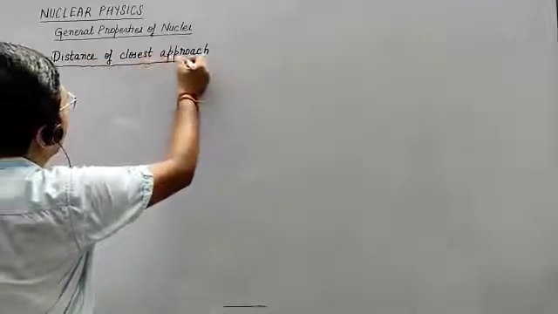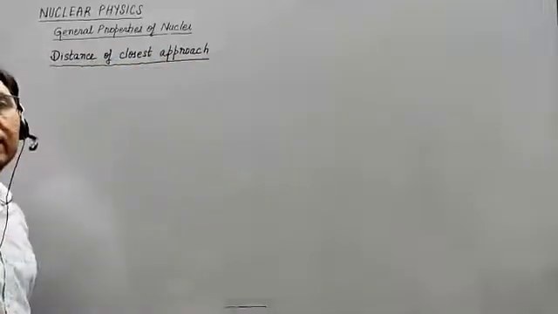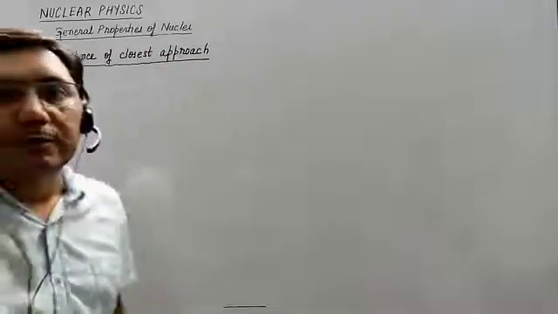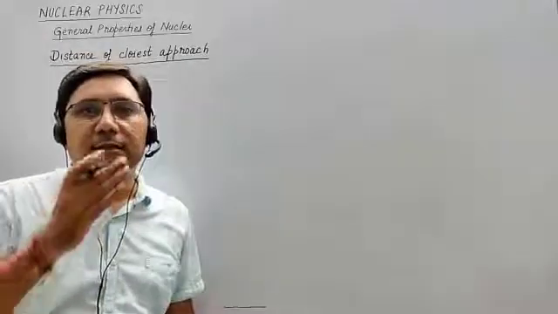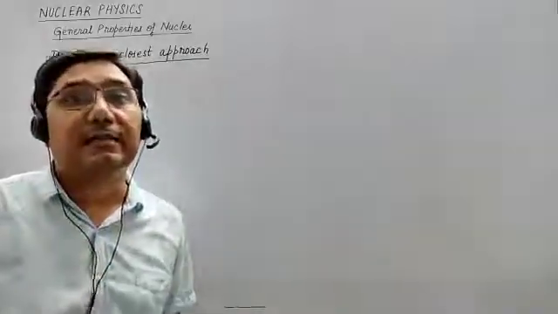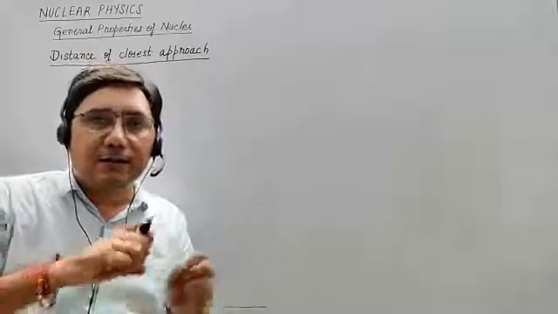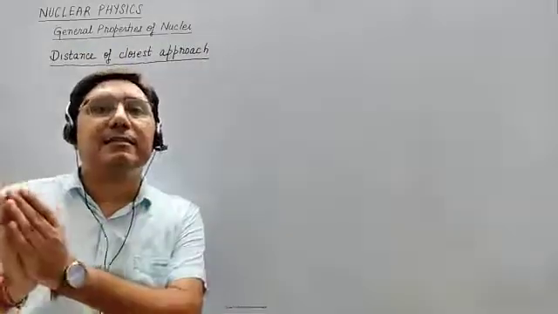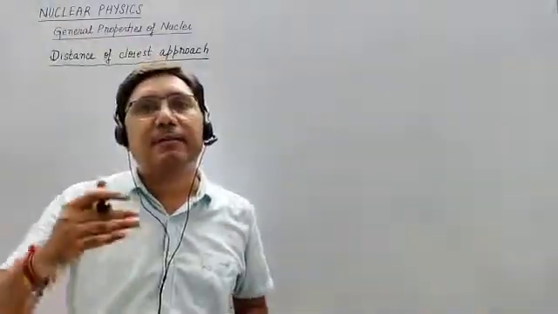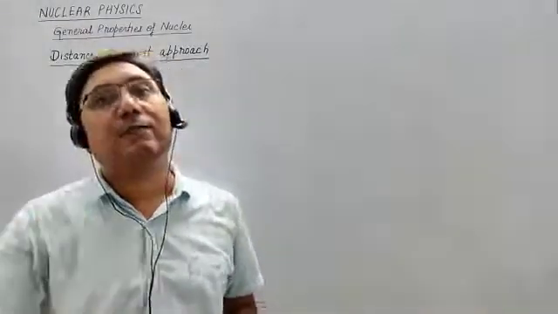Distance of closest approach was first time calculated by Rutherford with the help of his famous alpha scattering experiment by a nuclei. So when he was studying this alpha scattering experiment, he was the first person who calculated the distance of closest approach.